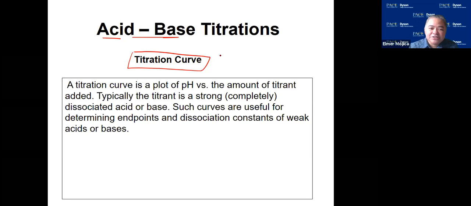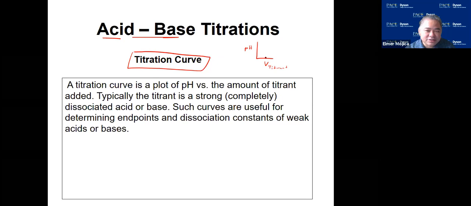There are two chapters there, acid-base and acid-base equilibria. When you have a titration curve, usually you have what? The volume of the titrant that you add versus the pH. Usually your titrant is a strong acid or strong base, and you titrate it against either a weak or strong analyte.